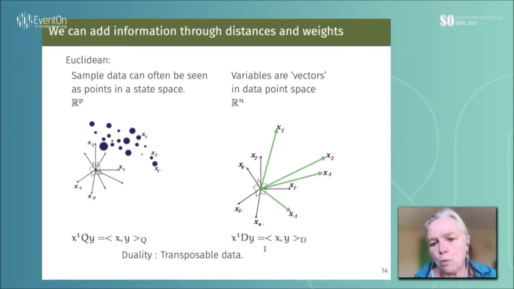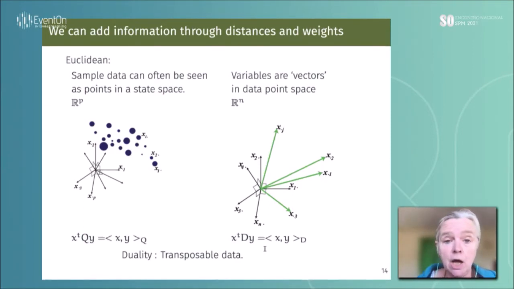In fact, this duality is something that statisticians are well aware of, and sometimes we talk about what we call transposable data. That is, if your samples weren't drawn IID from a certain population, there's no reason to give priority to one framework in terms of your duality as opposed to the other one.